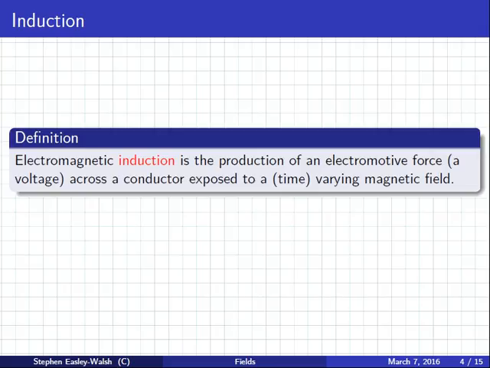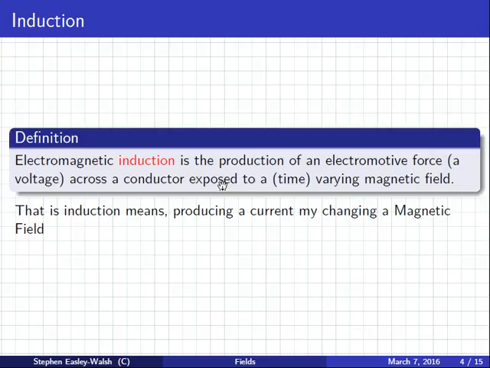Okay, so induction is making a current by changing a magnetic field around a conductor.